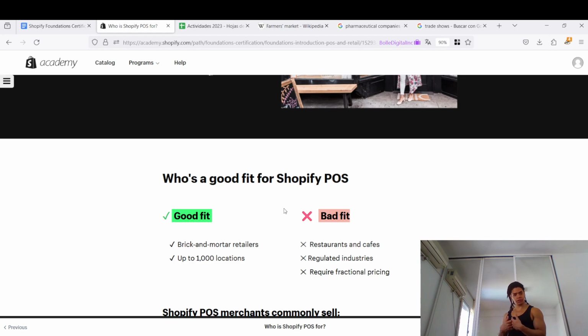So globally this can be accessible, and the Shopify POS app and the Shopify POS channels can be accessed by anyone in the world.